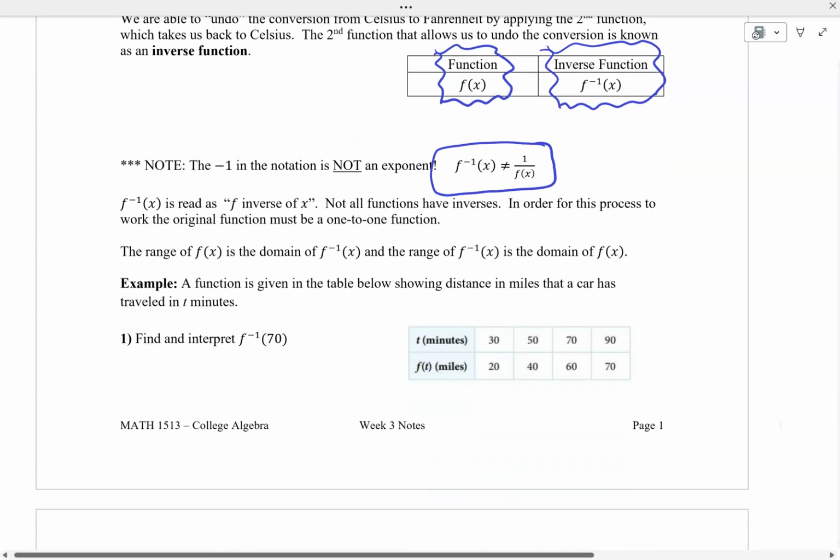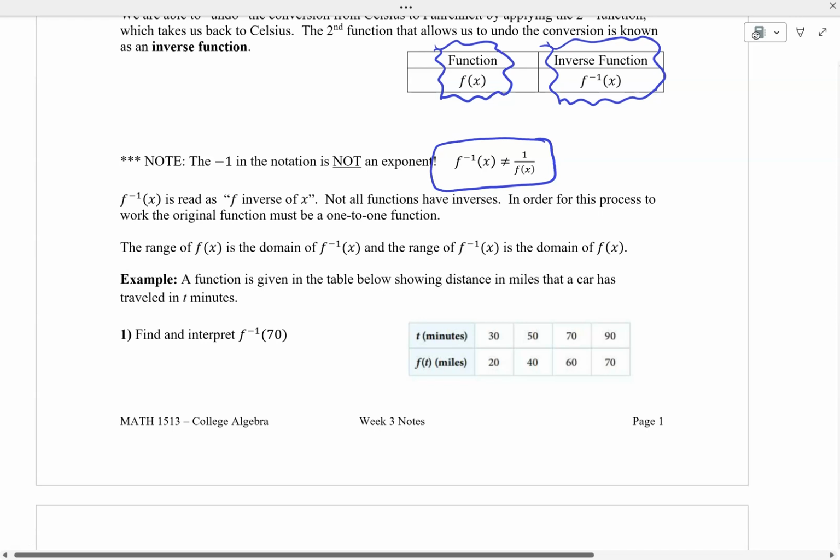So like for instance, on this example, I give you a function, but I want to know the inverse of 70. So let's think about this. Originally, if I say f of x, this is an actual x.